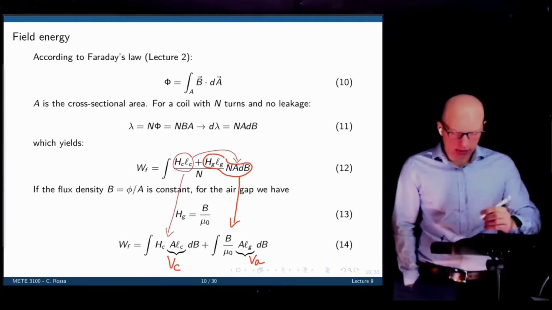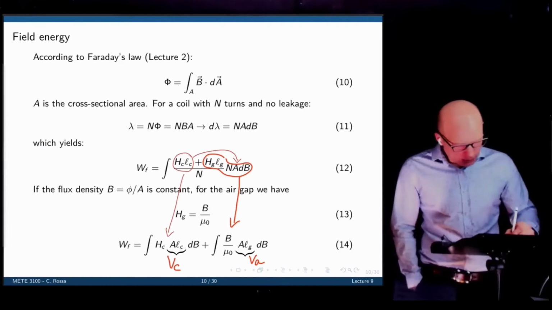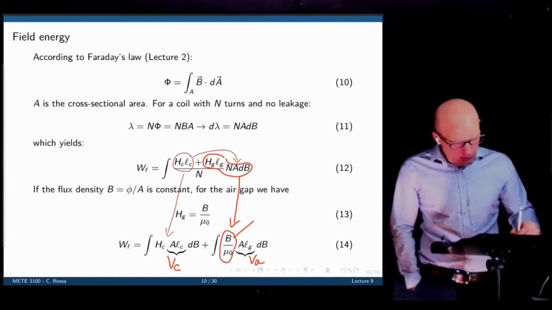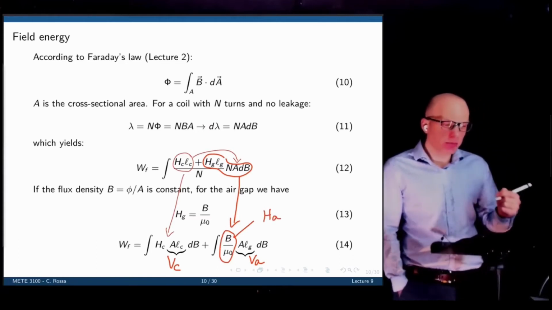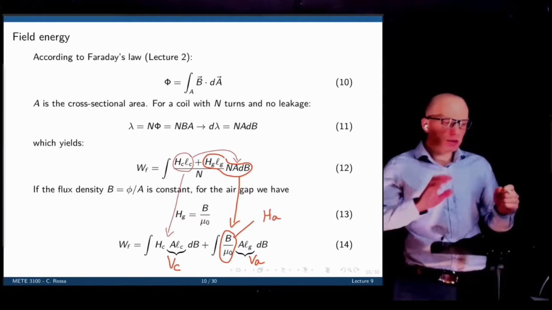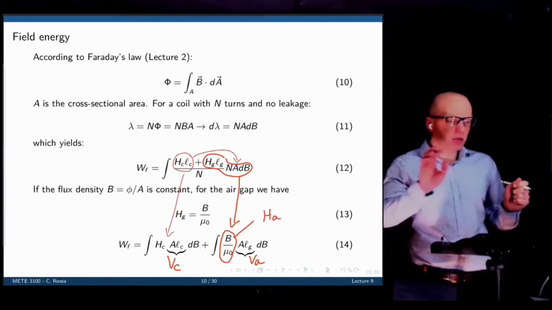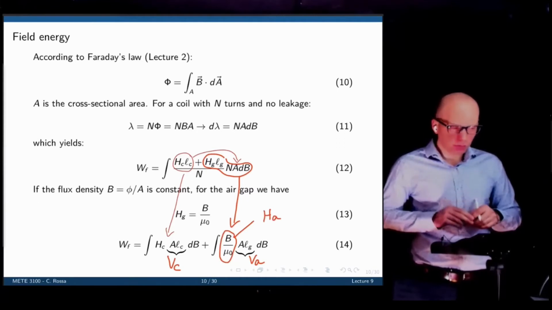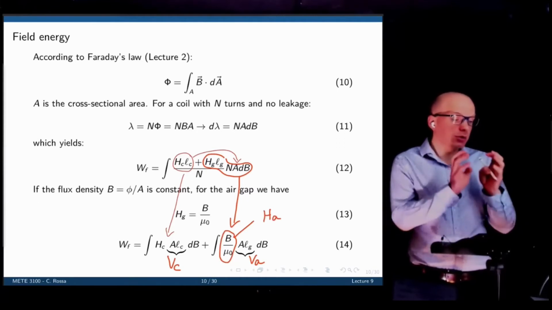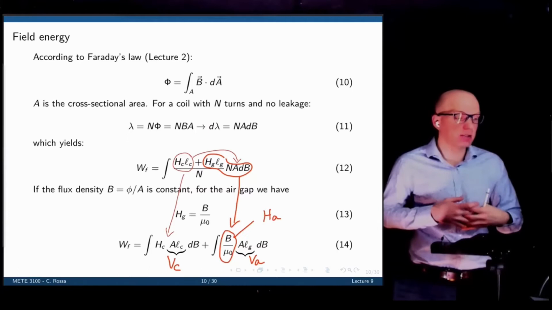Otherwise, this relation would not hold, and we would need to write H air gap. Right. We can only replace that with B over mu, assuming that B in the core and B in the air gap are the same. Gotcha. Okay, thank you. Which they are, assuming that the cross-sectional area is the same.